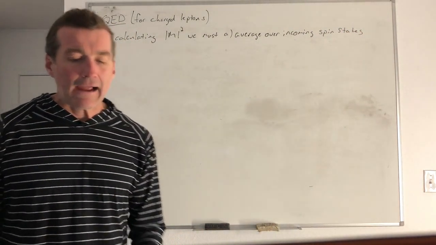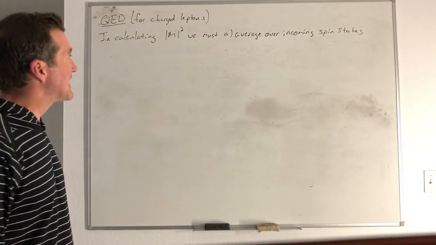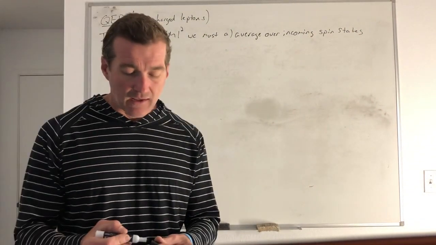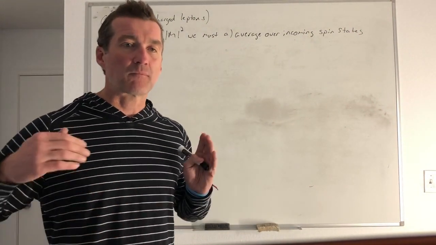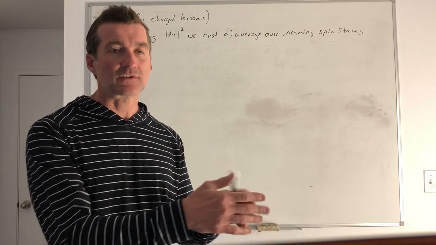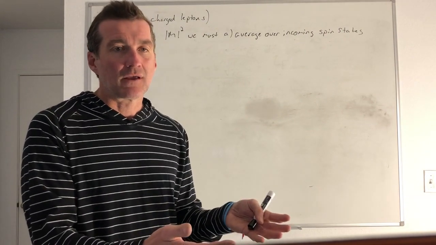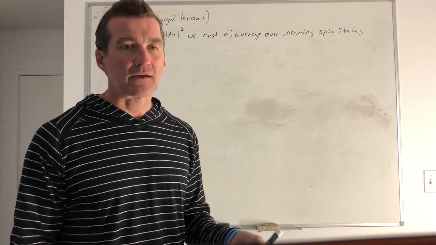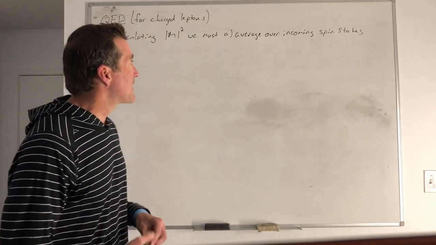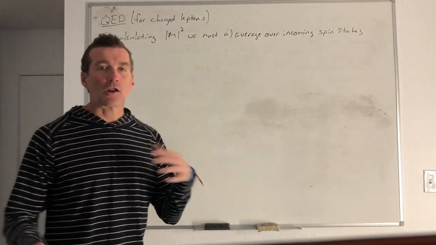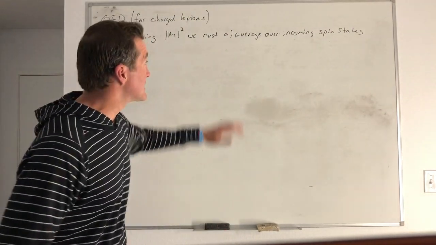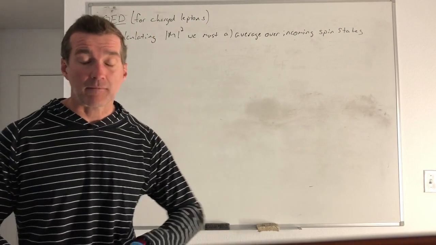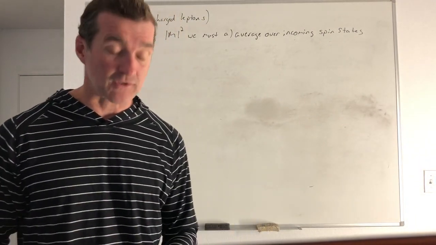Okay? We average over the incoming spin states because it's very hard to control the spin of the particles that you're shooting into some interaction. So you say, I'm just going to throw them in there no matter what their spin is. And so that means that I should average over all of the possible incoming spin states. And this average is going to be a very important and challenging part of the story next time.